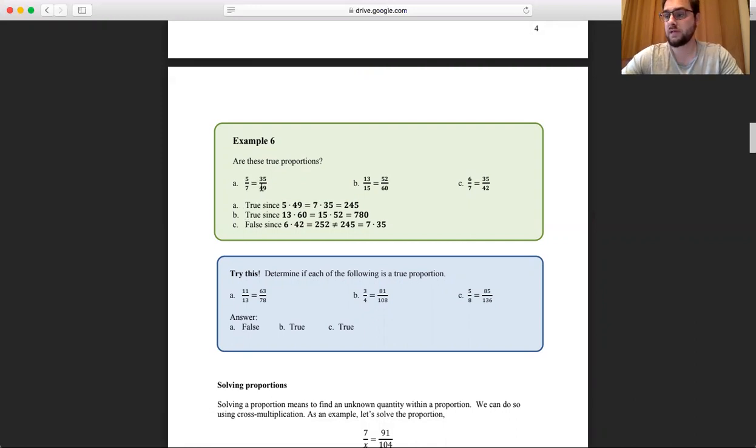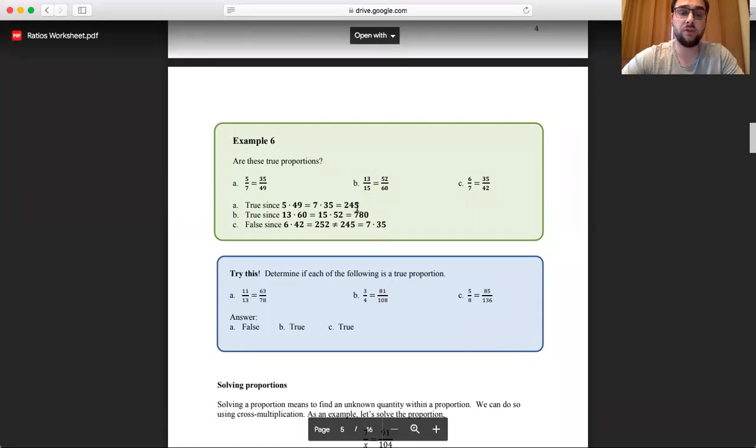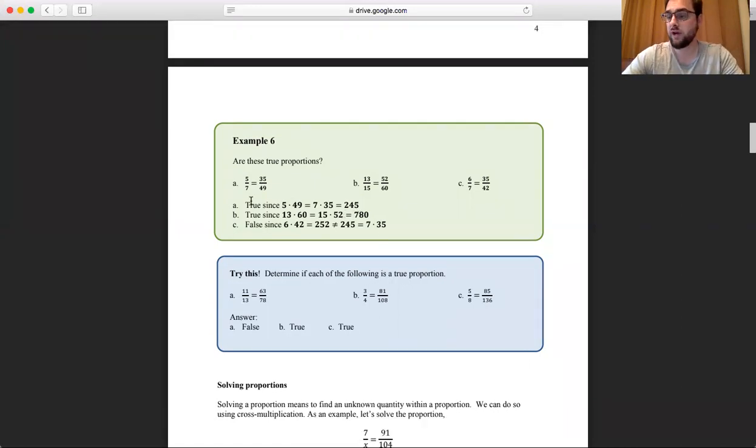I don't know that one off the top of my head. Okay, so 5 times 49, they're saying is 245. Let's see what 7 times 35 is. It's 245. They equal each other. Is it proportional? Yes, it is.